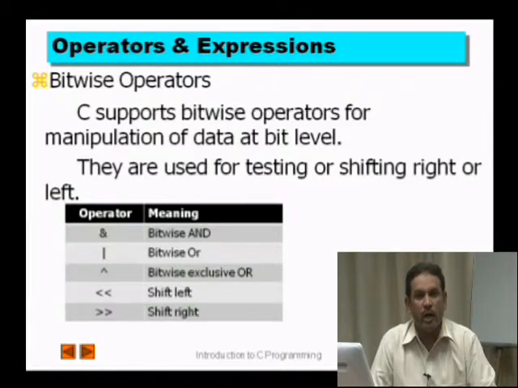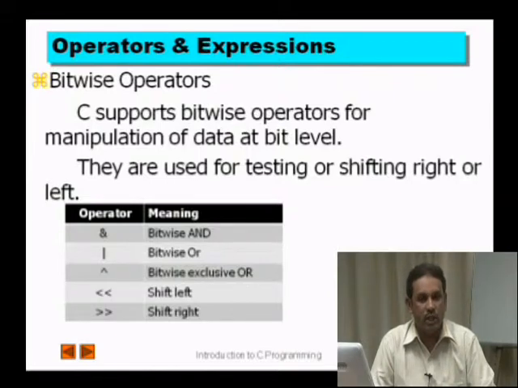So, we want to manipulate individual bits of a byte. We want to OR one byte with a second byte or third byte or any number of bytes. For manipulation of that, there are operators called the bitwise operators. There are 5 bitwise operators. C supports bitwise operators for manipulation of data at bit level.